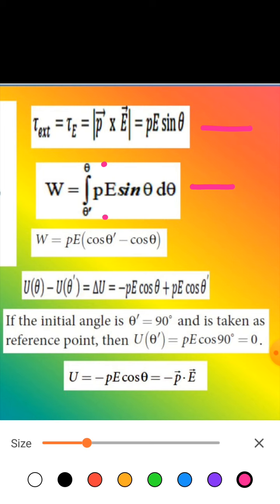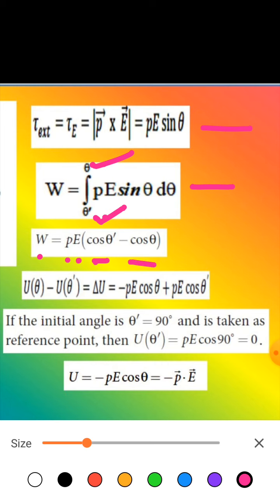Here P E is constant, so the integration term is sin theta d theta. The integral of sin theta d theta is minus cos theta. Then substitute the upper limit and lower limit. Our equation becomes W is equal to P E times, lower limit cos theta dash minus upper limit cos theta.